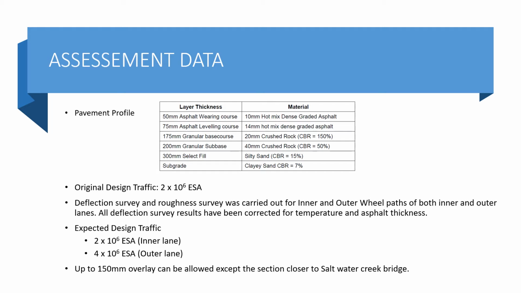Then there's 300 millimetres of select fill, and on top of that there's 200 millimetres of granular subbase, and on top of that is 175 granular base course, and then 75 millimetres of asphalt levelling course, and a 50 millimetre wearing course of asphalt.